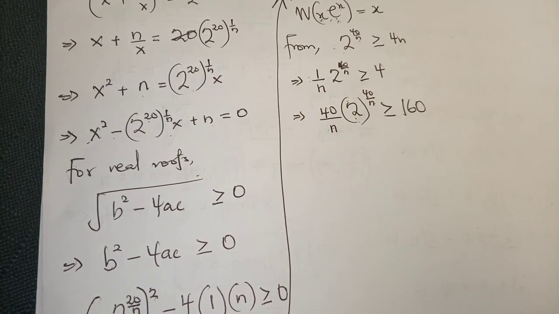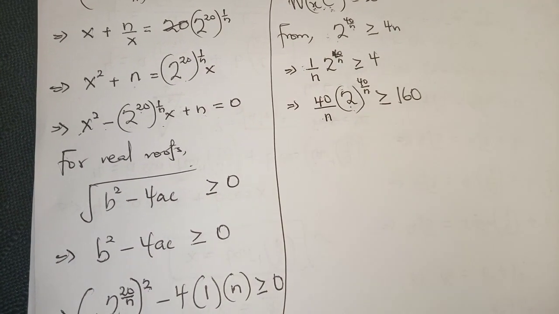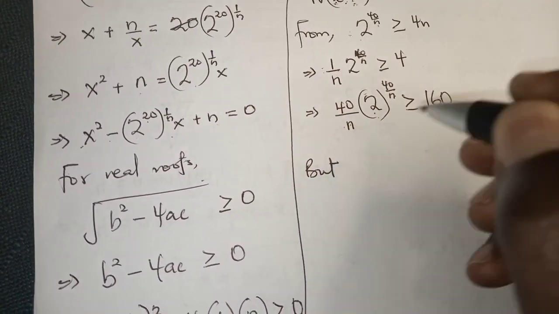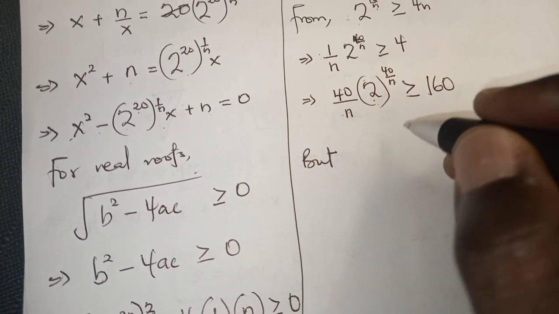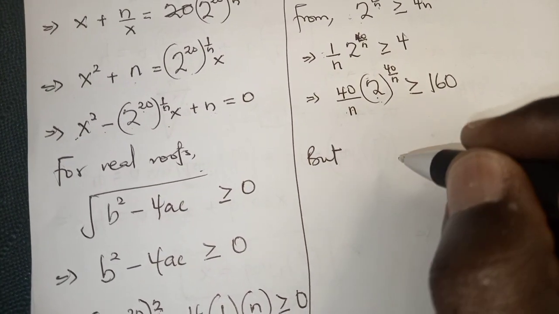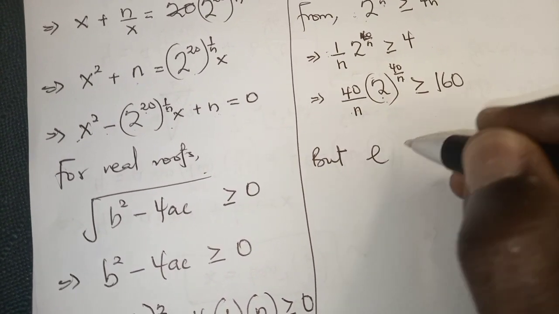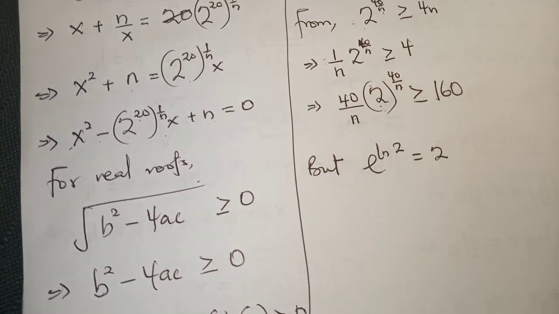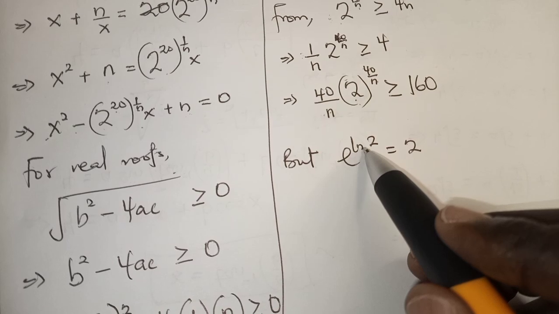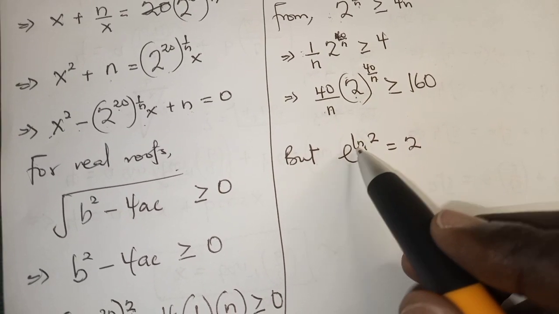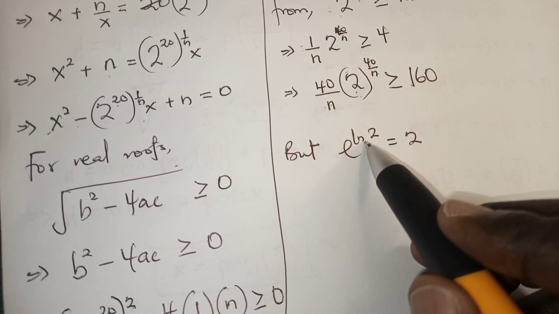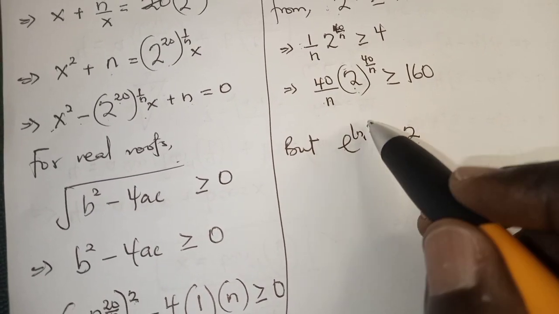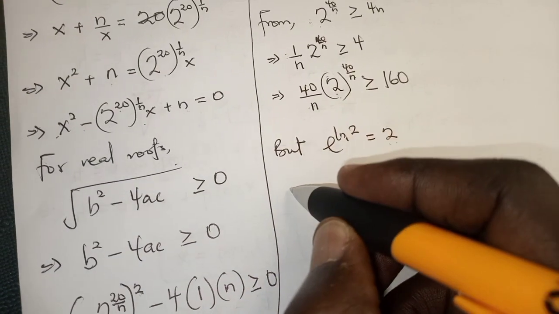From the logarithm property or law, we know that ln of e exponent ln 2 should be equal to 2, because this is a natural log. So the base and the base here are the same, so this will clear off, you get this. So in place of the 2 we put this there, and that will work well for us.